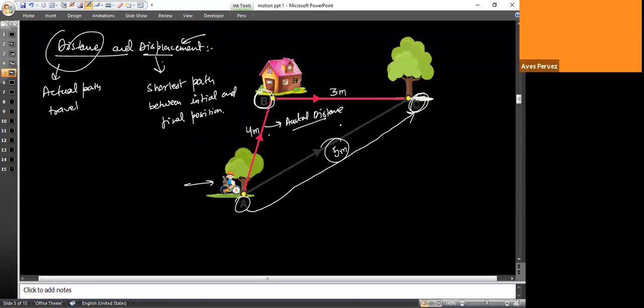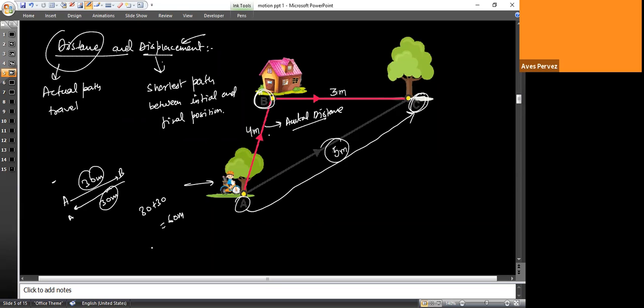So dear student, here we need to understand that distance is the actual path covered by an object. For example, if an object moves from position A to B, say 30 meter, and then returns back to A, its distance traveled is 30 plus 30, which is 60 meter.